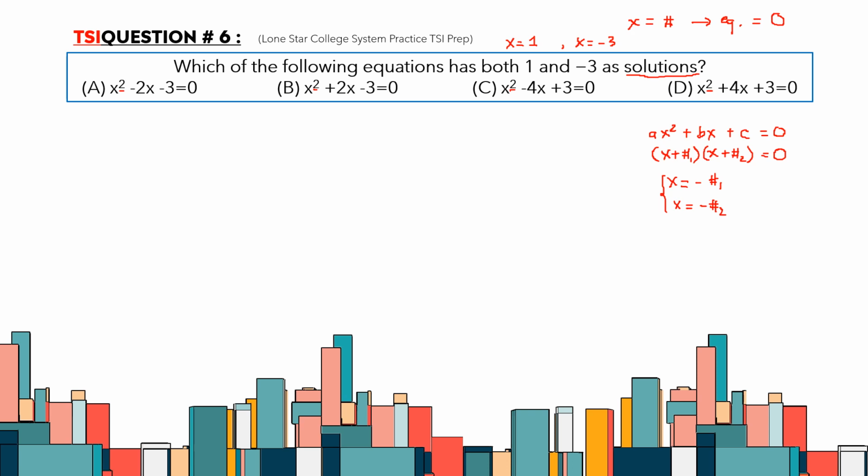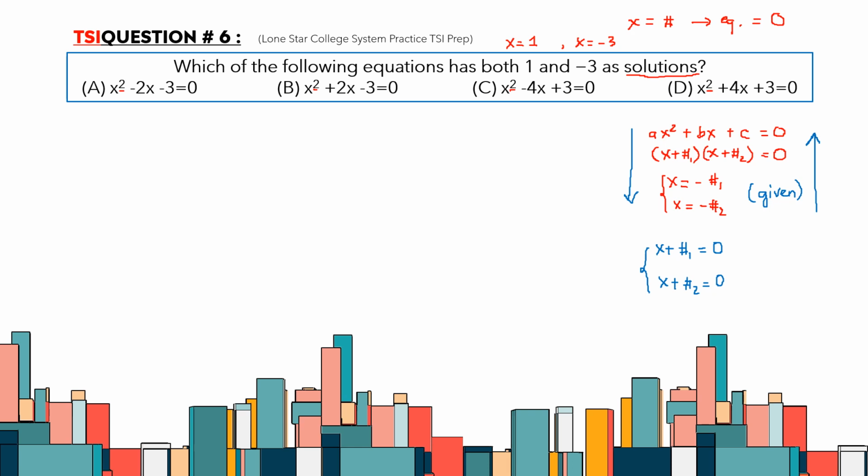So in this case, we're not following forwards. We go upward because we have been given this information. So we have x plus number 1 equals 0 and x plus number 2 equals 0.